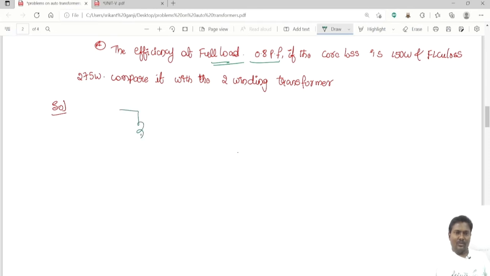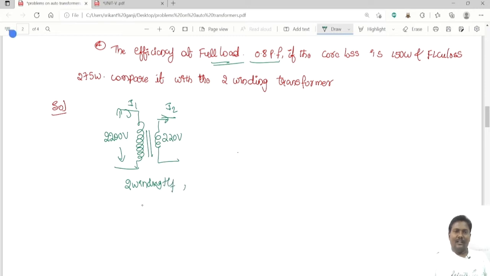So this is a 2200 volts by 220 volts, 2 winding transformer. The rating is also 20 kVA. This can be connected as an auto transformer.